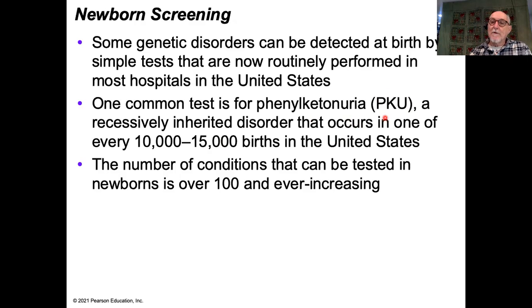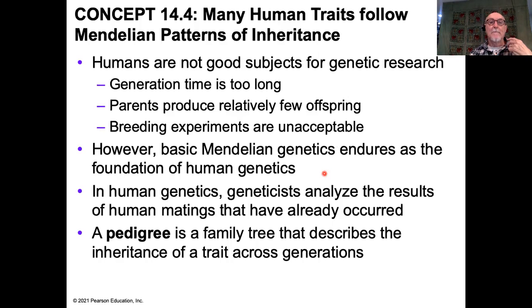So it's very important that they be tested at birth, and phenylketonuria is one of the things which is routinely tested for in infants as they're born. But there are many others, and the list is growing. There are numerous biochemical tests which can be administered to newborns in order to modify their upbringing if need be.